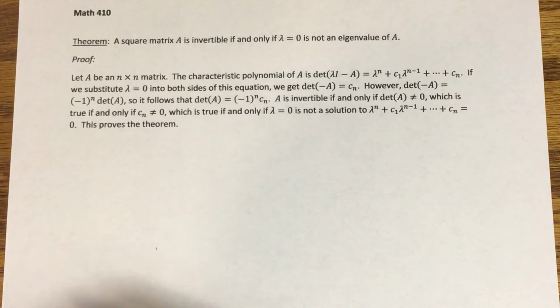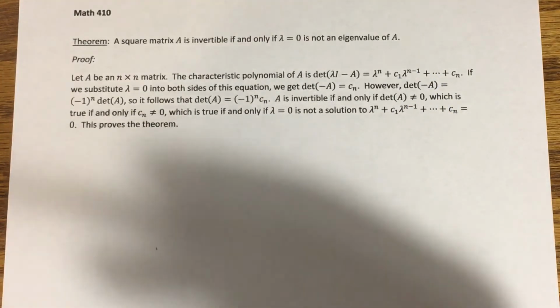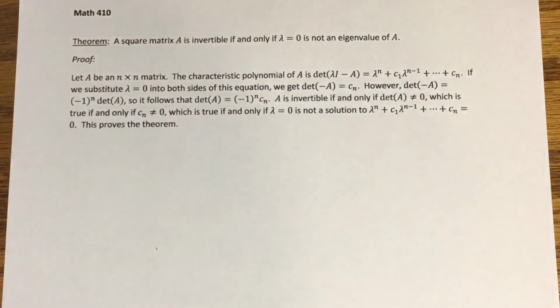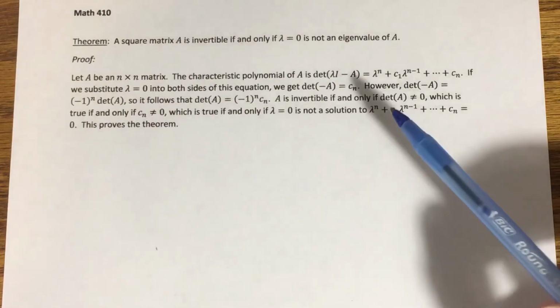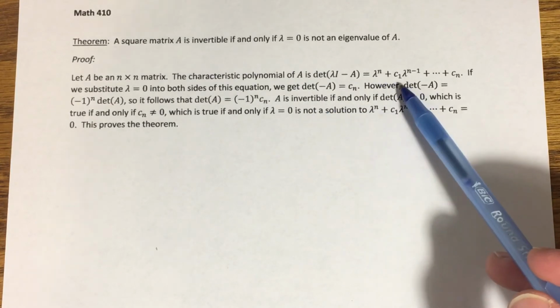Or alternatively, if you look at the eigenvalues of matrix A and you happen to see that 0 is there, we know automatically A would not be an invertible matrix. So the proof of this is fairly straightforward, and it makes use of a property of determinants, but also the fact that our characteristic equation involves a polynomial.